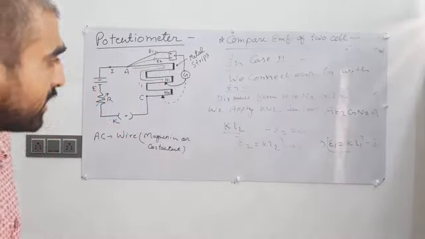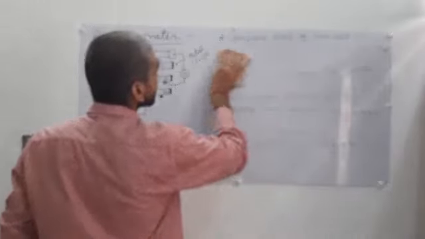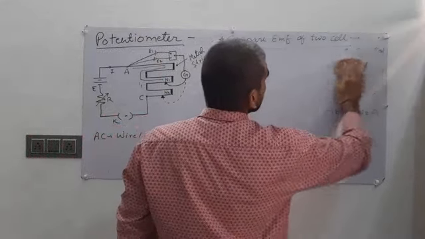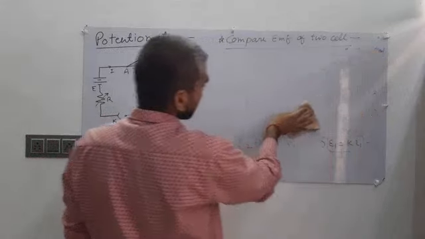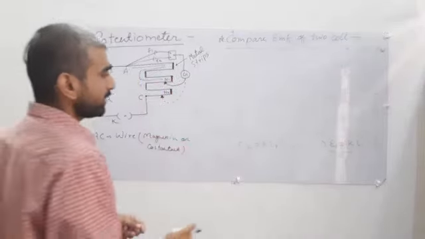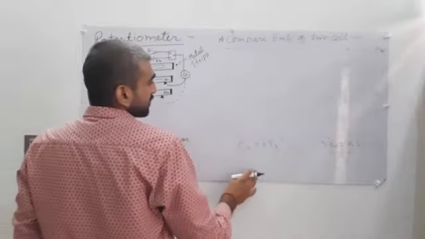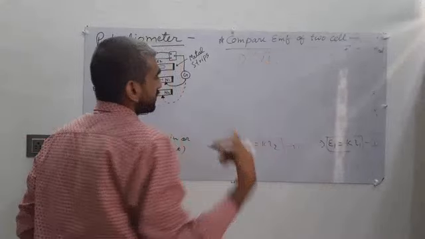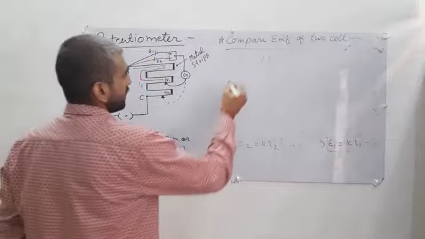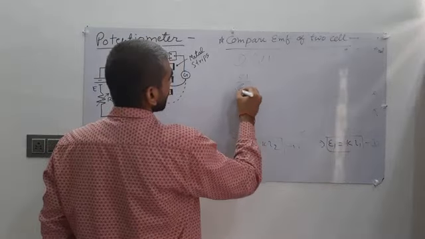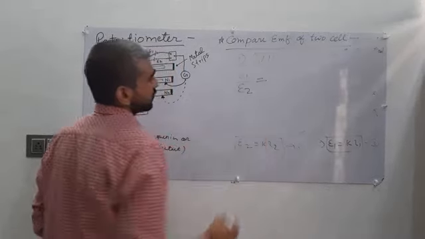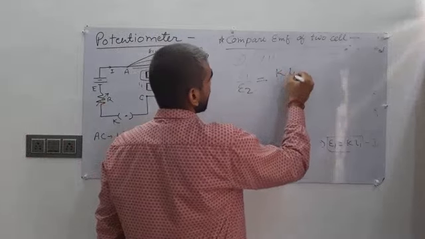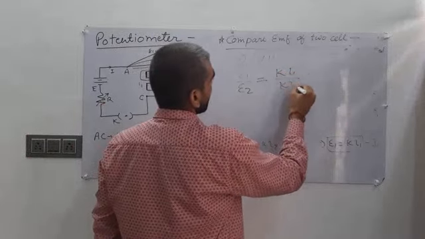Now we get two equations. What is the conclusion? If we divide equation 1 by equation 2, we get E1 upon E2 equals K L1 upon K L2.